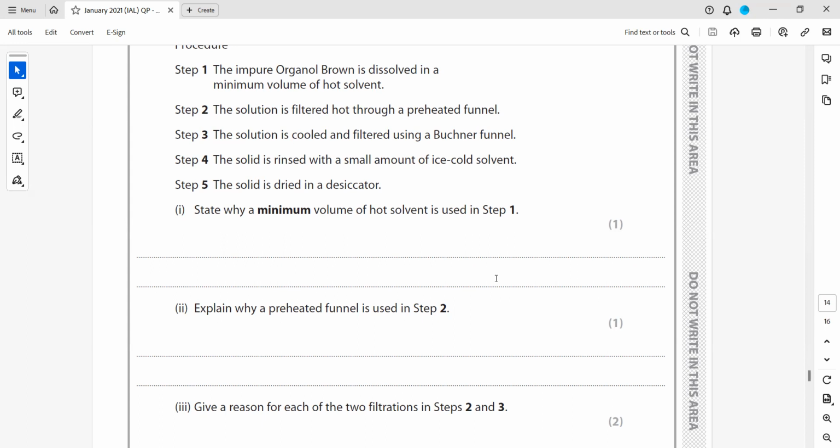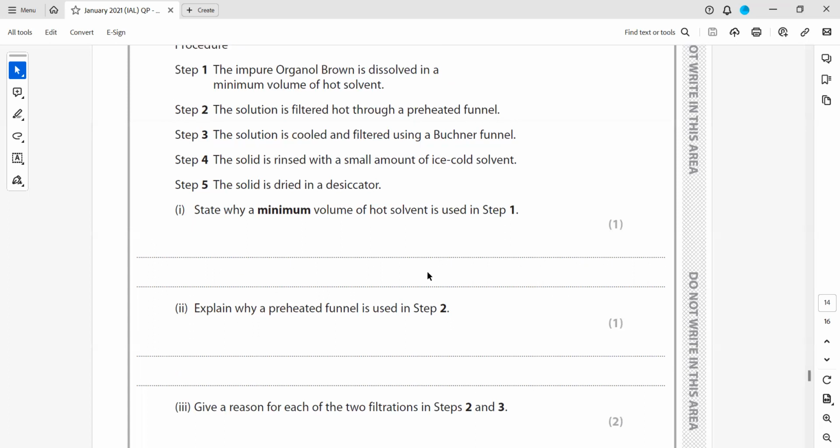Otherwise, if you use a large volume, the maximum amount will not form. Why is the preheated funnel used in step 2? It prevents the solution from cooling down. Otherwise, the crystals might start to form during filtration and be left on the filter paper.